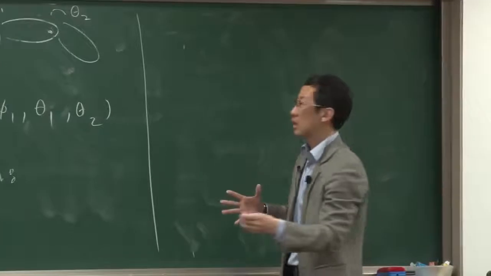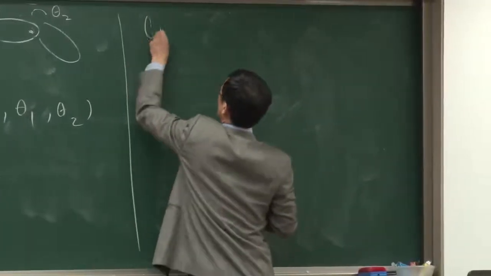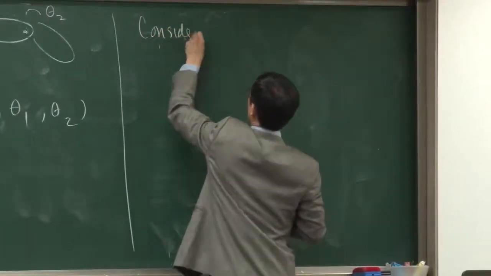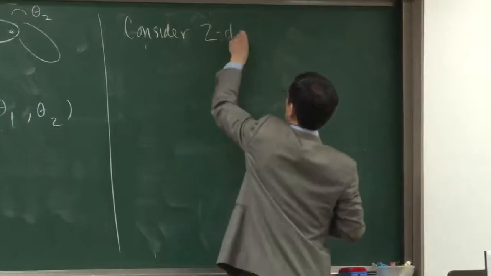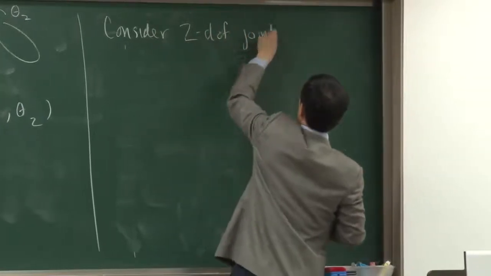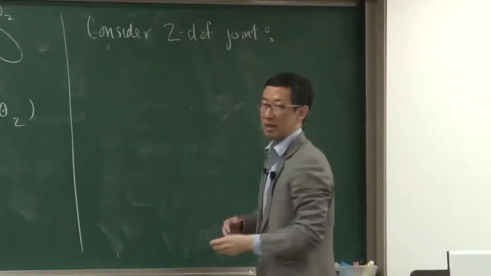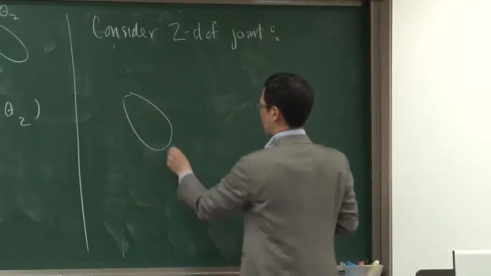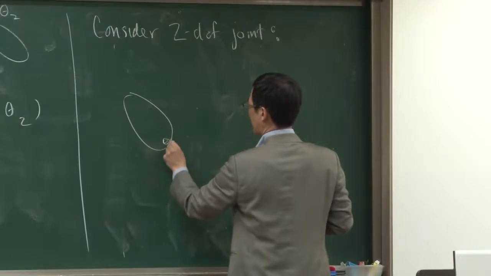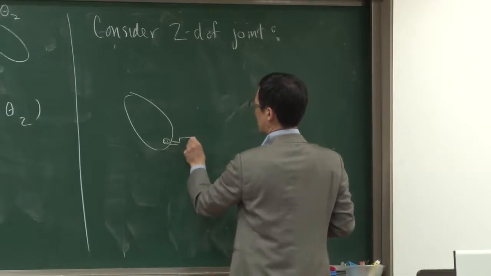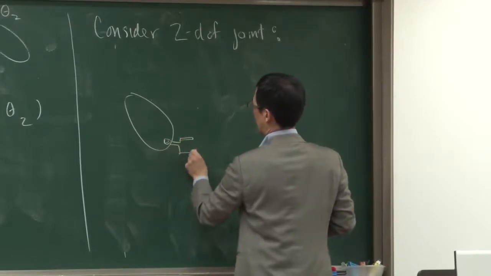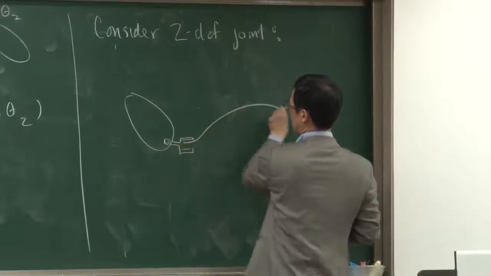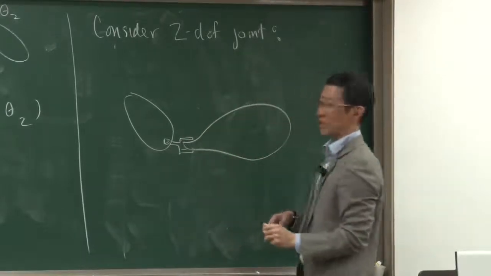Now, if we consider a 2 degree of freedom joint, let's just draw a robot. This time we have a revolute joint and a prismatic joint. It's something like that, kind of strange.